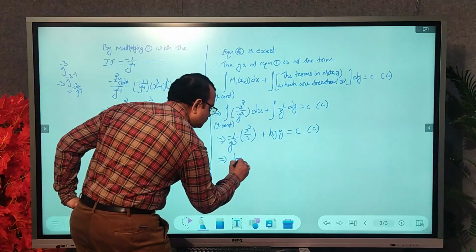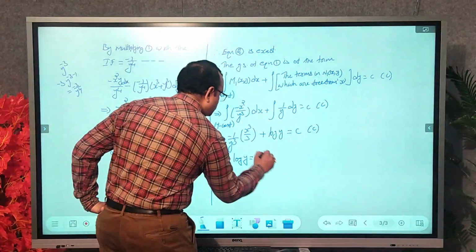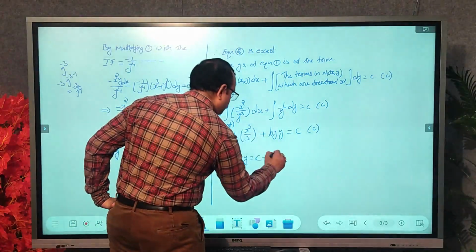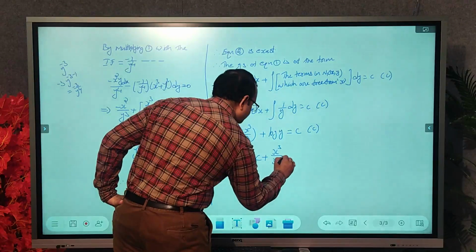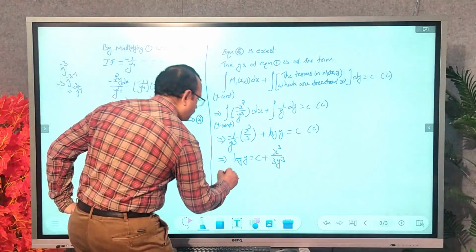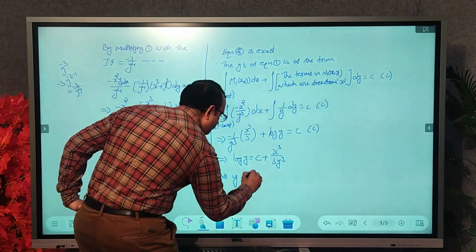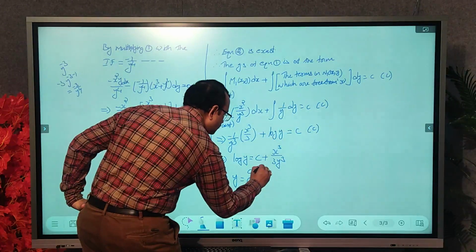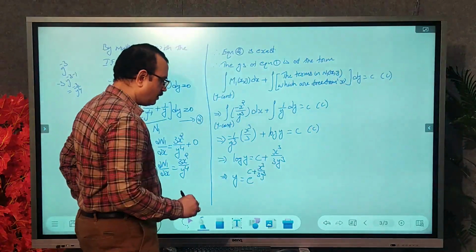We can write log y is equal to c plus x cube by 3y cube, or otherwise y is equal to e power (c plus x cube by 3y cube).